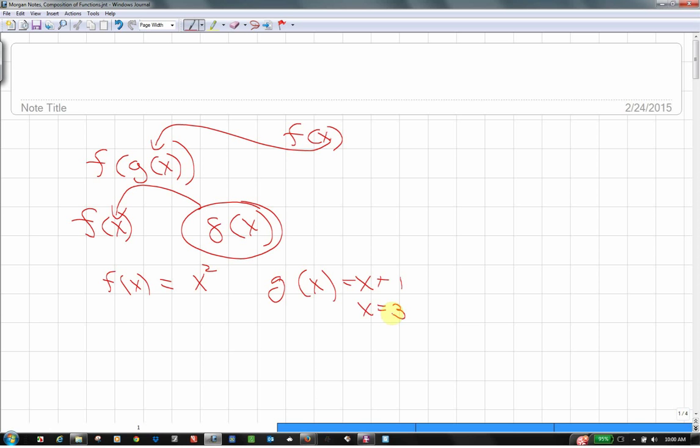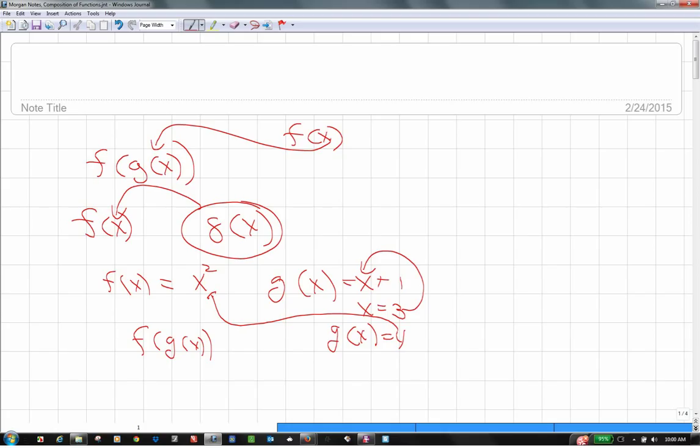What this would do, if I had f of g of x, here's one way to look at it: I could take the 3 and substitute it into the x for g. That would give me 4. So g of x would be equal to 4. And then it says use that as the input into f of x. So I would take the 4 and put it into the x squared, giving me 16. So I'm using the output of one function as the input of another.